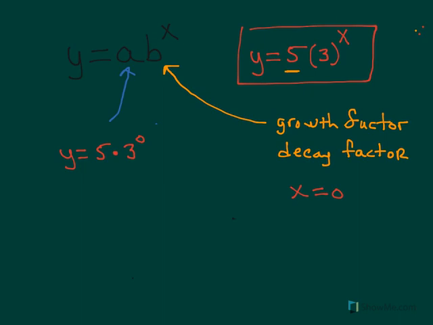And 3 to the 0 power, we know that's 1, so you're going to get y equals 5. So that's going to be your y-intercept. And if we chose another x value, let's say x equals 1, you're going to get y equals 5 times 3 to the first power. So it's going to be 5 times 3, which is 15.